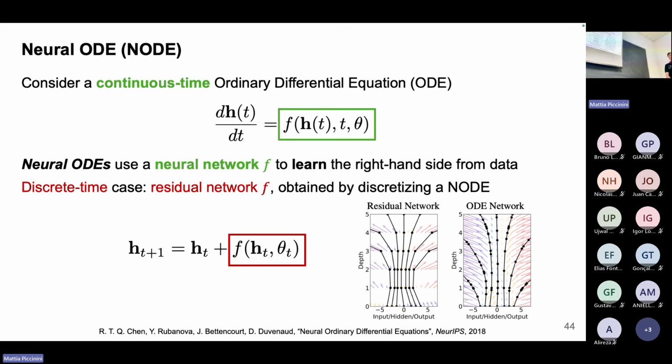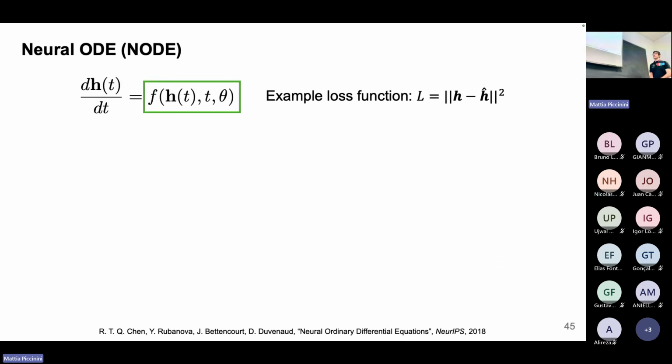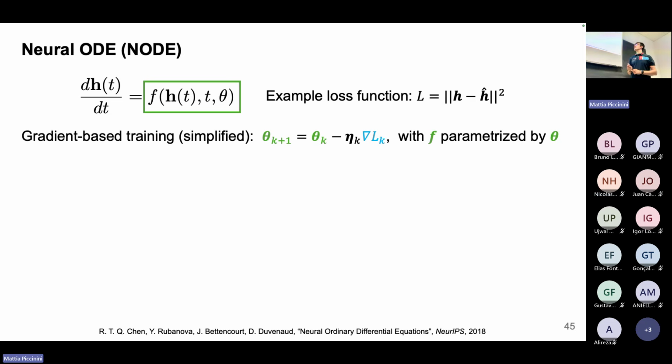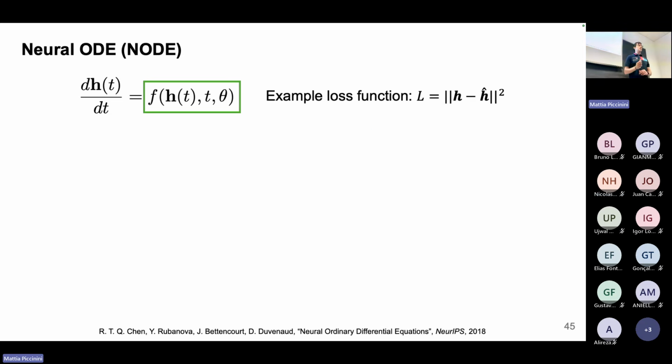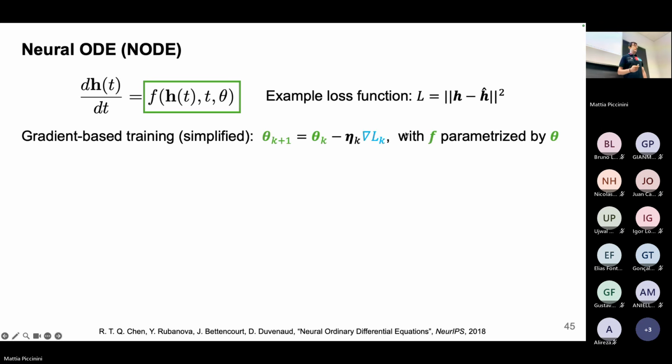Indeed, there is a difference, but still in neural ODEs, people want to try to keep it in continuous time. This is the work of neural ODEs. They want to keep it in continuous time, but then indeed, if this is the loss function, the measurement h hat minus your real state h, then this is a simple backpropagation rule.